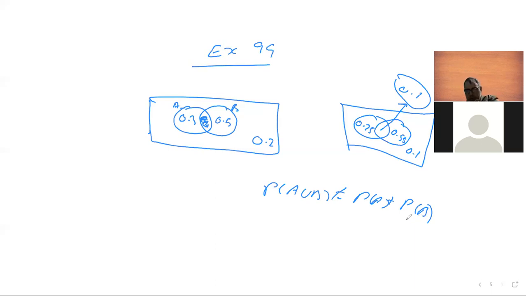Okay, let's do the next question. The following pairs of events refer to one roll of a normal die. Which pairs of events are mutually exclusive? It's one word question, one word answer. You don't need to do any mathematical thing.